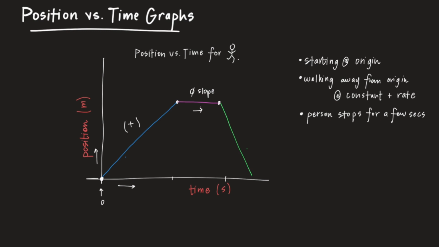So we had a person walking away from the origin, stopping for a few seconds, and then what do we notice? Well, we've got a negative linear relationship here, and that's telling us that the person is then walking back towards the origin. They're walking back where they came from. They're walking back towards that origin line in our graph, where position is equal to 0.